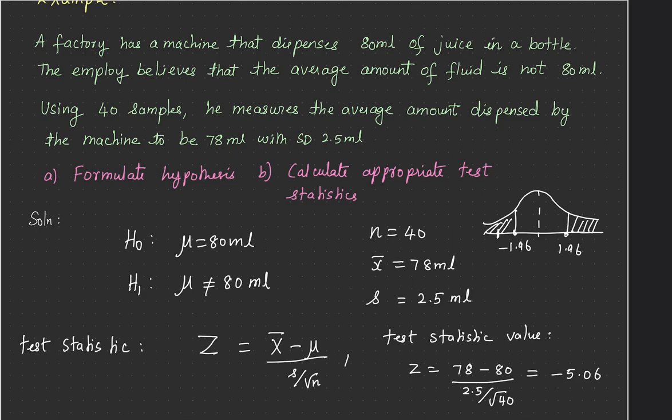It's outside this confidence interval. From this, we say that the population mean is significantly far away from the sample mean, because the test value is at minus 5.06. Therefore, we reject the claim that the mean is 80 ml. We support that the mean is not equal to 80 ml.